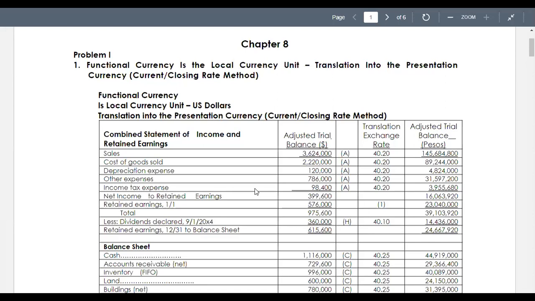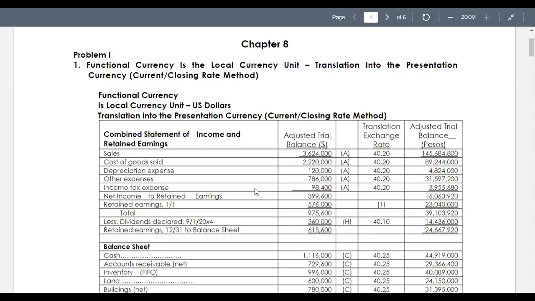Okay, so if the beginning retained earnings represent entirely the pre-acquisition retained earnings, it is translated using the historical or the actual rate at the date of acquisition.